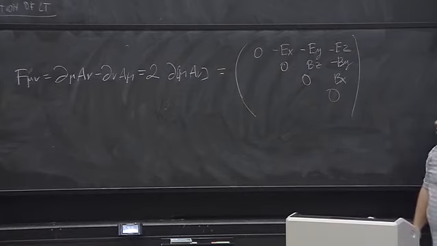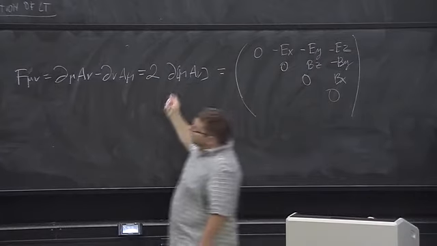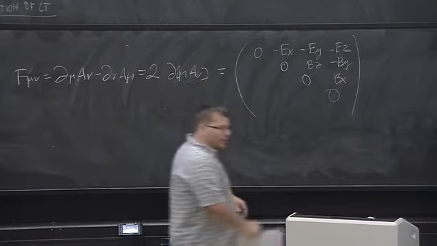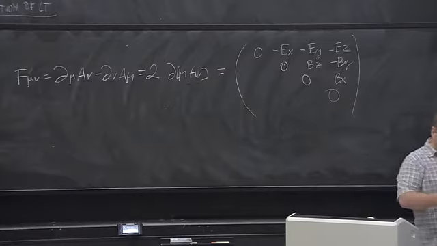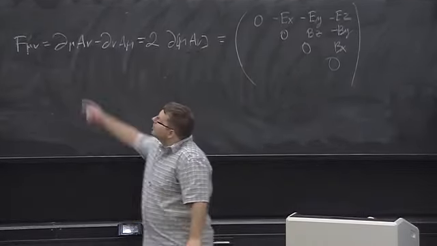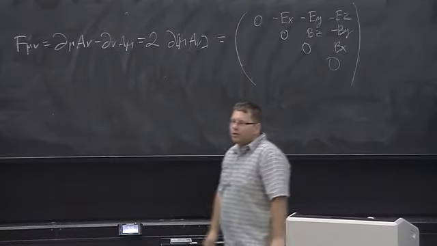You can explicitly check that if I write this down here, I am recovering these expressions. So now we combine together E's and B's, and they are contained in this antisymmetric matrix F mu nu. That matrix is called the Maxwell field strength.